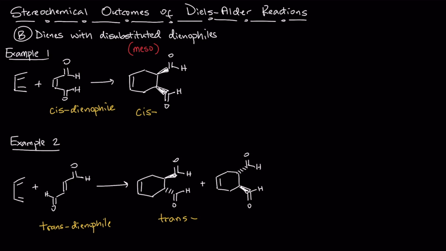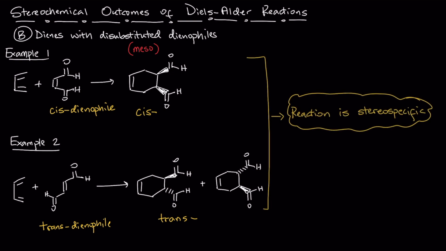And so once again, the stereochemistry of our reactant dienophile transfers over to the stereochemistry of the product of the Diels-Alder reaction.